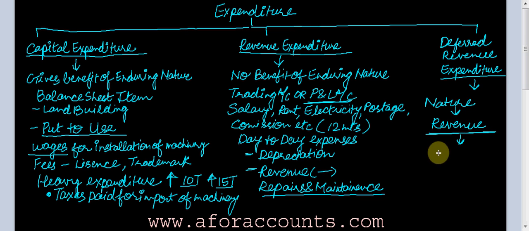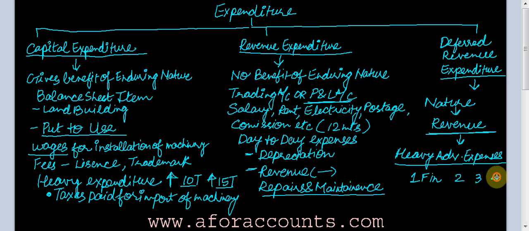I will give you an example. Heavy advertisement expenses. I incurred heavy advertisement expenses on my product. Now, my sales will increase due to these heavy advertisement expenses, not only for the current financial year, but also for the coming financial years.